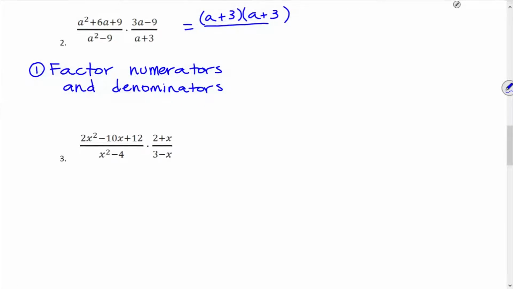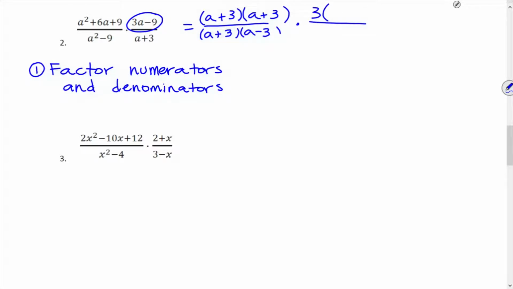And in the denominator, a squared minus 9, that's the difference of squares. So I have a and a make a squared, and to get 9, I get 3 and 3, and it's the difference of squares, so I do plus and minus. Times, in the numerator over here, I have a GCF of 3.